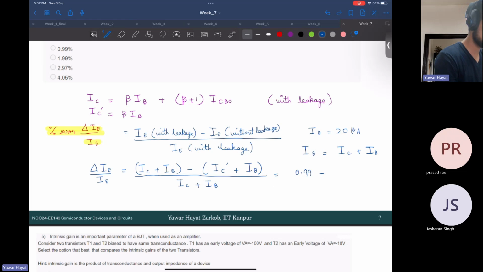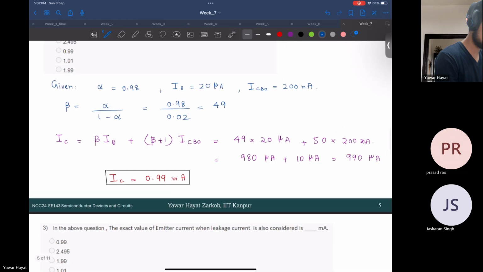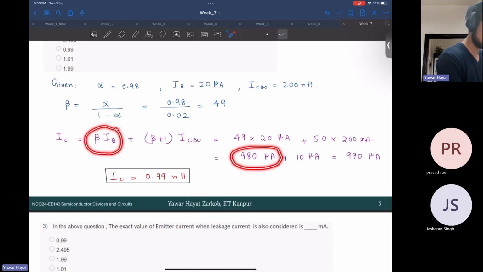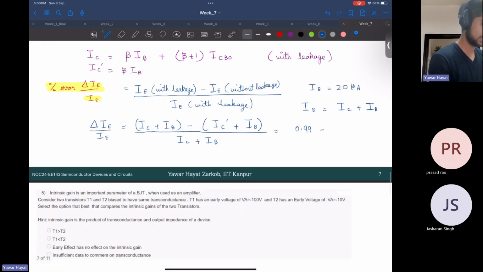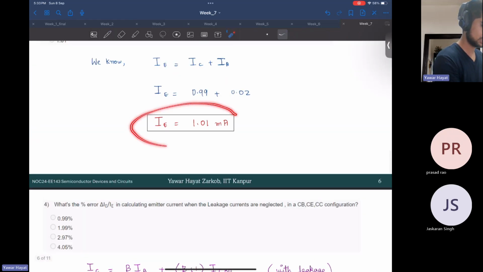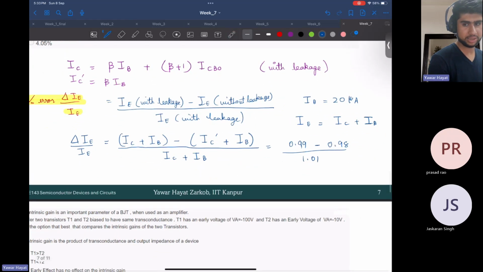And beta times IB would be 0.98. So this is 0.98, whole divided by your 1.01. Why? Because IC plus IB is IE and that was this. In the denominator I considered the leakage one, where we have to neglect leakage.